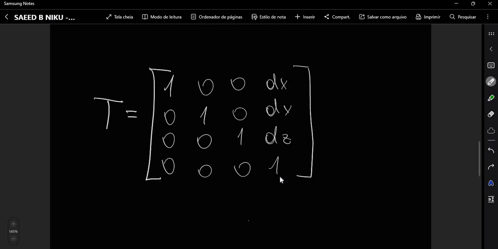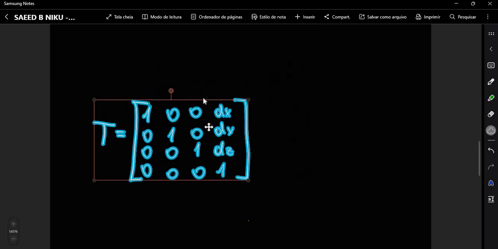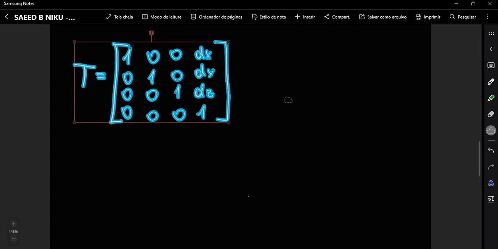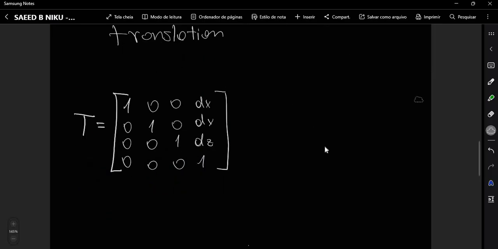So anytime that you see this matrix, it means a pure translation. Why? We need to draw the axis system.